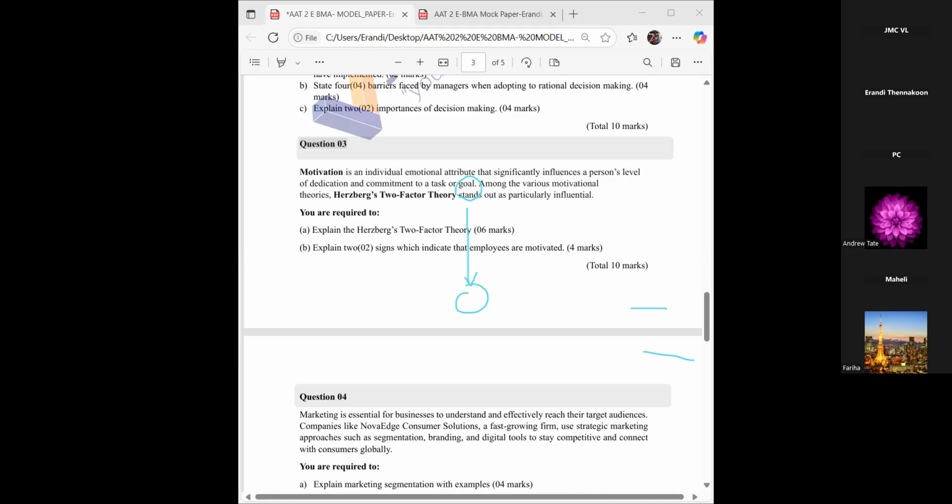In your chapter, it has focused on two content theories. One is Abraham Maslow's hierarchy of needs. The other one is the two-factor theory by Frederick Herzberg. And this is the two-factor theory, right? In your question, it asks.